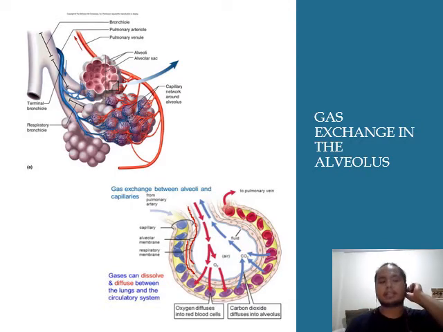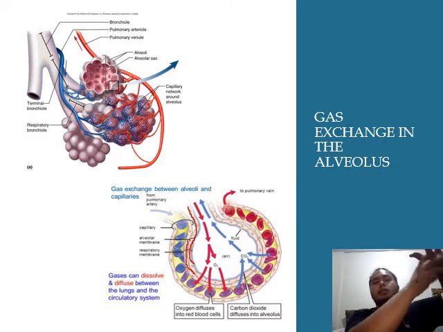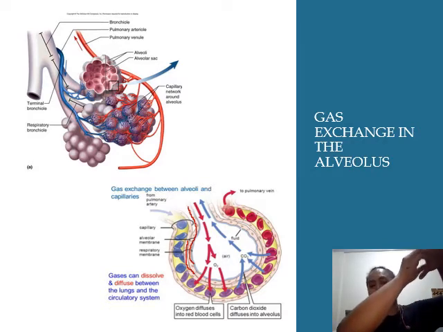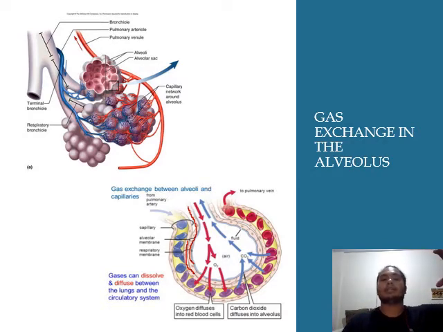So parang ano lang siya, demand and supply siya. Kung saan masikip, no? Kung saan maraming supply, ang tendency is to move down to areas na kulang. At least that's for the human body.